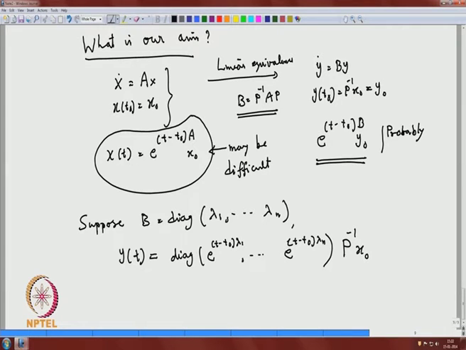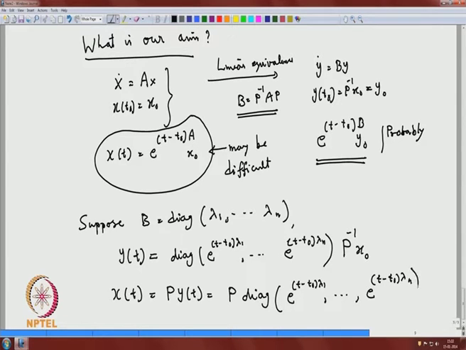And what is your x(t)? x(t) is nothing but P of y(t). That is our transformation. So you have your solution immediately: P times the diagonal matrix with entries e power (t minus t naught) lambda 1 up to e power (t minus t naught) lambda n, times P inverse of x naught. So you have your complete solution here.